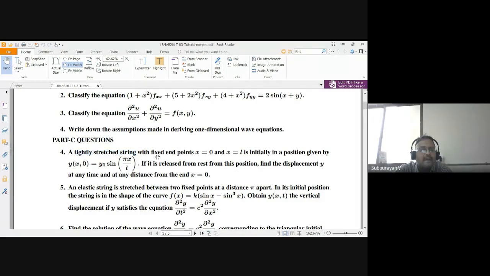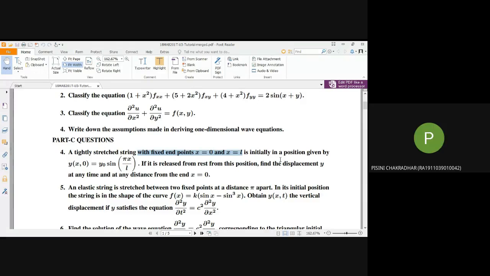Now, another thing: a tightly stretched string with fixed ends at x equal to 0 and x equal to L. Fixed end means there is no displacement at both ends, x equal to 0 and x equal to L. Now tell me what are the boundary conditions? y(0, t) = 0.